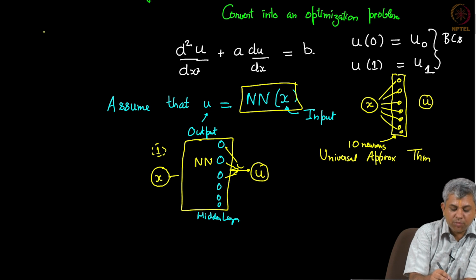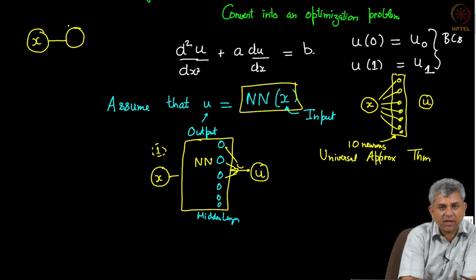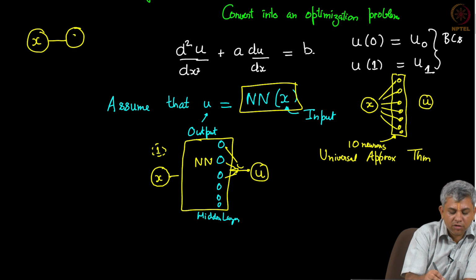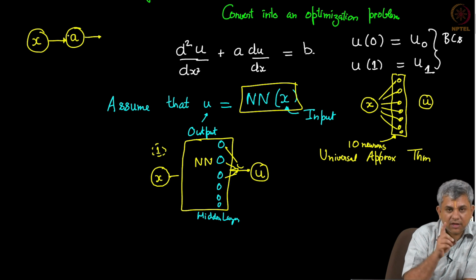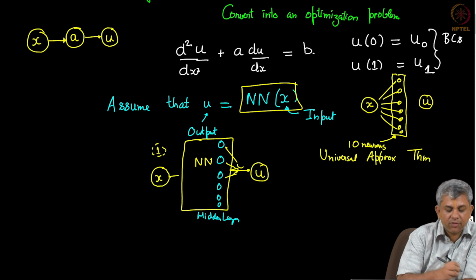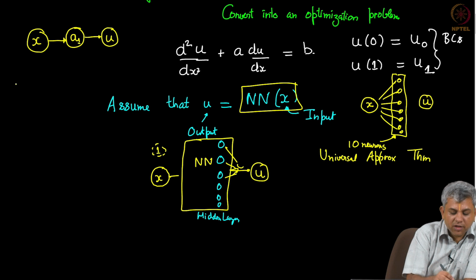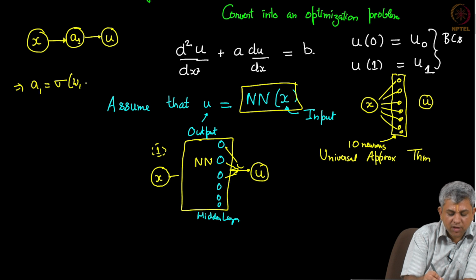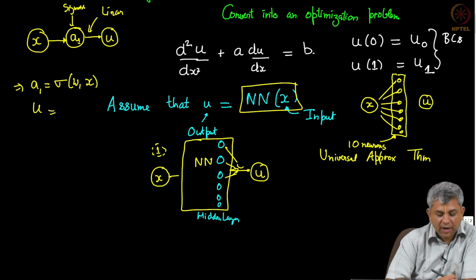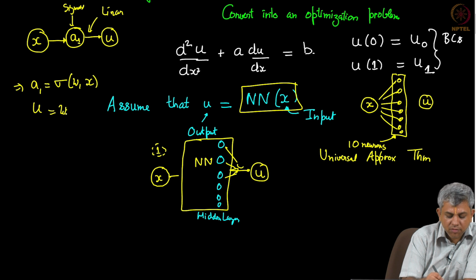How is that so? Let me take a simple example. Let us say X is there, and for now I am going to forget the bias unit. Let us say there is a hidden neuron A, let us say this is my simple model, and then I have U. Okay. So, what this says is A1 is of course sigmoid of some W x, and U is, let us say this is a linear layer and this is sigmoid in it, and U is some other W2 times sigmoid of W1 x.